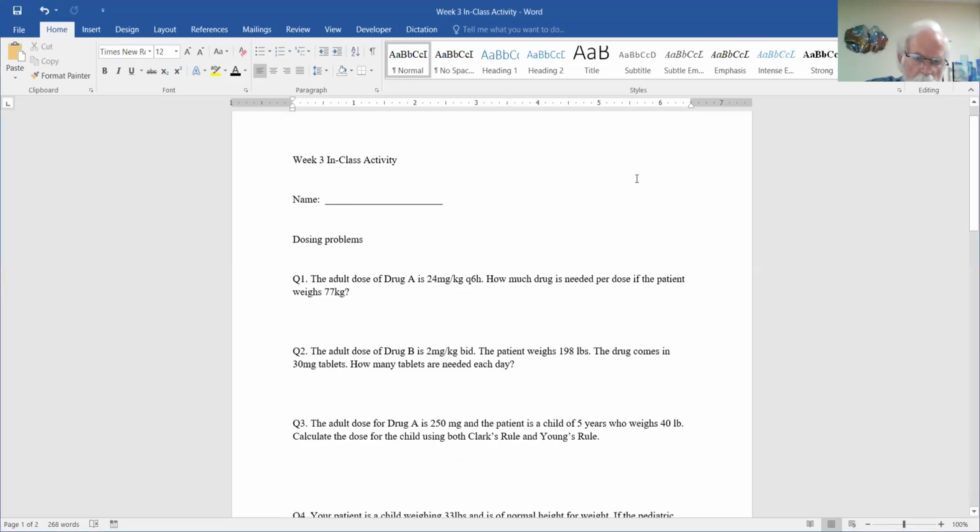You'll need to then go to the week 3 in-class activity page back in the week 3 module, and open up the document there. What you'll see is there will be a download here, and it will actually be just highlighted as a downloadable document, and you should be able to come up with the in-class activity.